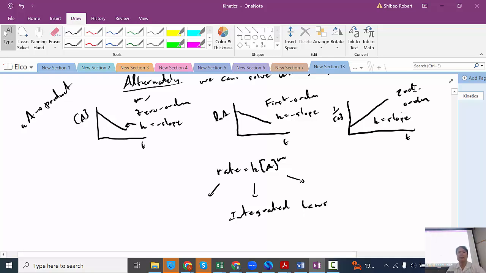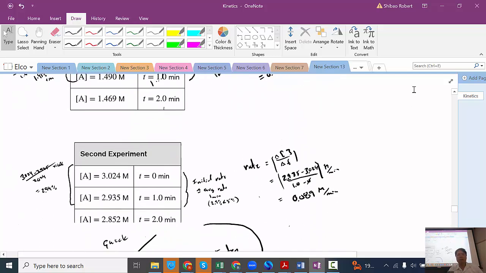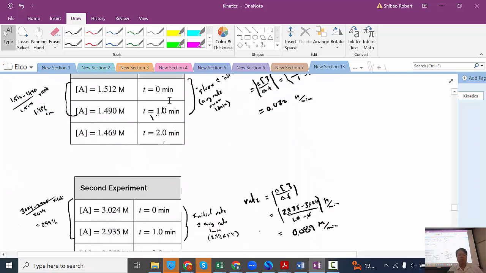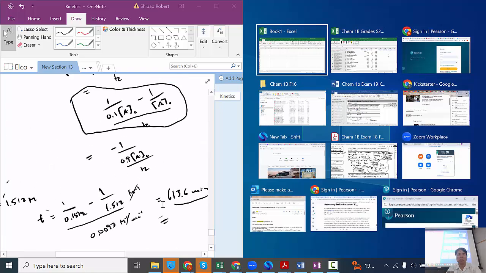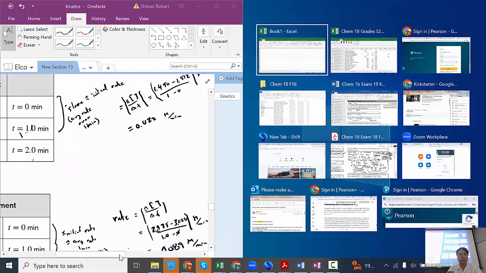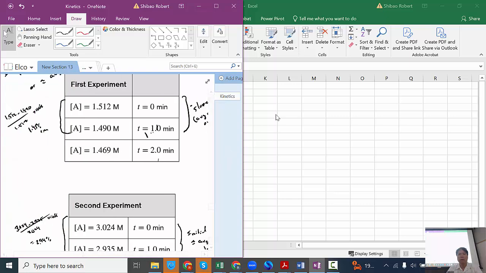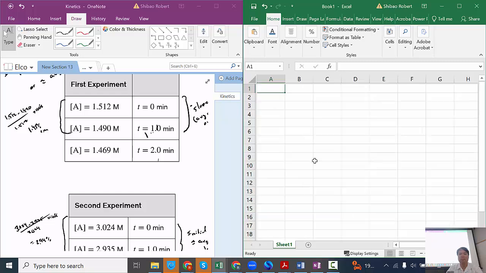All right, so let's take a look at the data and then see which plot comes out most linear. So go back to the original data. And here we're going to use all the data. We aren't just going to use the first 2. Go back to the data table. And then we'll just plot this in Excel.